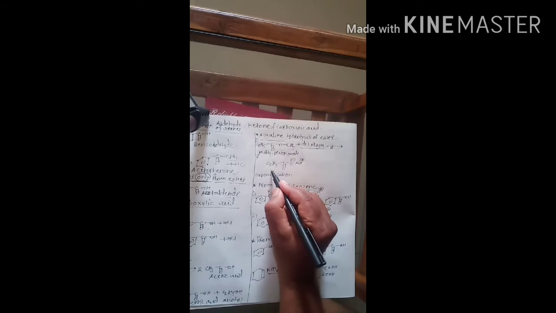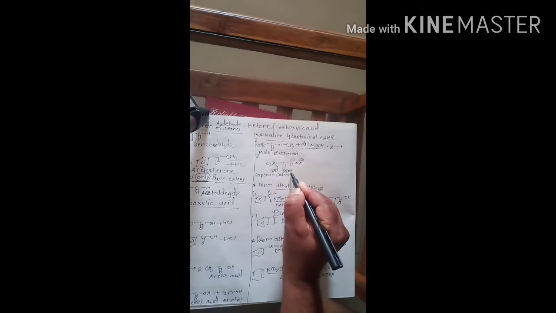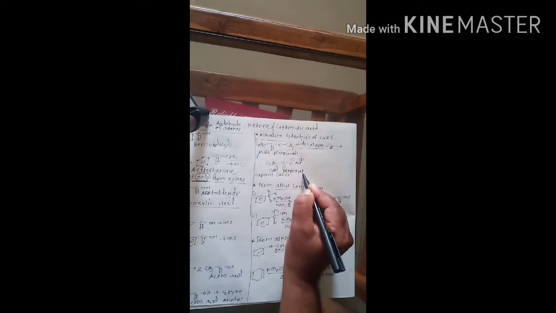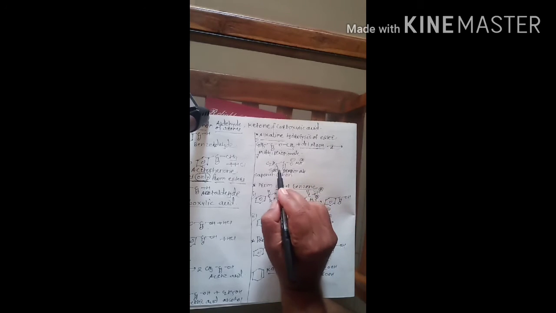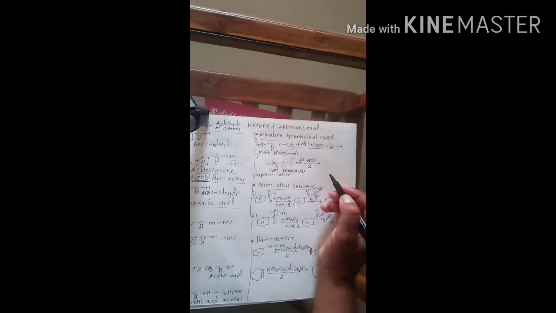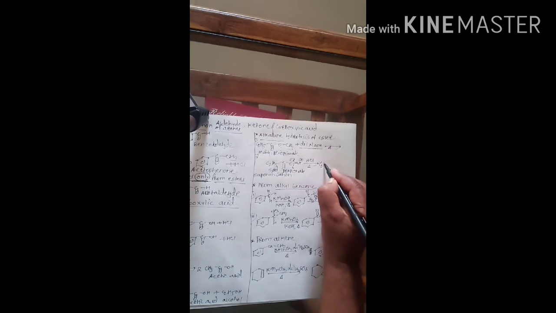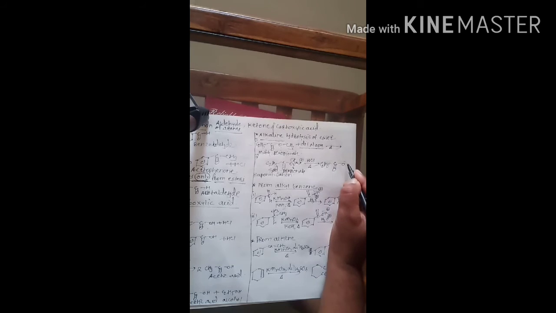This sodium salt of carboxylic acid, that is sodium propionate, undergoes hydrolysis by HCl, then hydrolysis takes place here to form C2H5COOH. This is propionic acid.